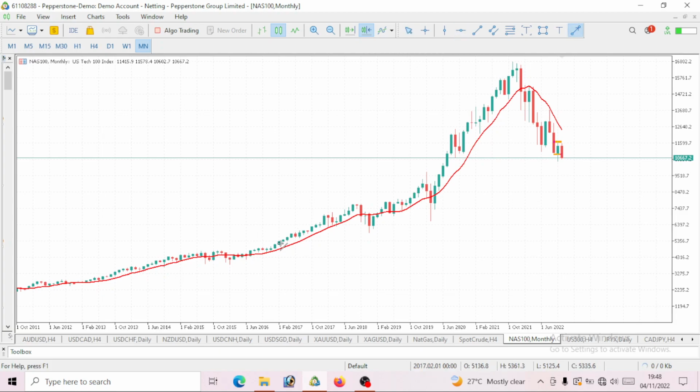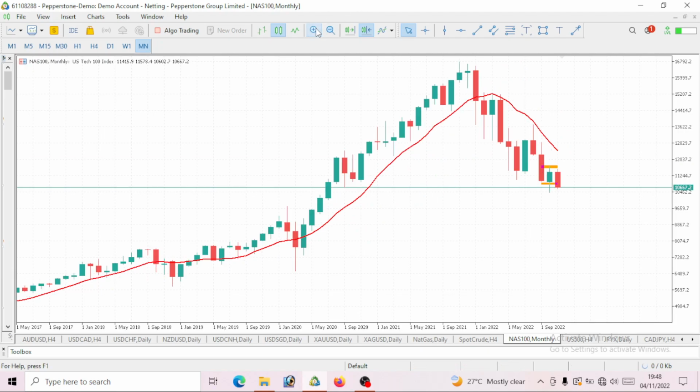So clearly we can see that this price has been above our moving average for some time. Then all of a sudden, I think it was about late 2021, we started seeing this bearish move, right? Clearly you can see it. Even if you are a new trader, you know that this is a bearish move.